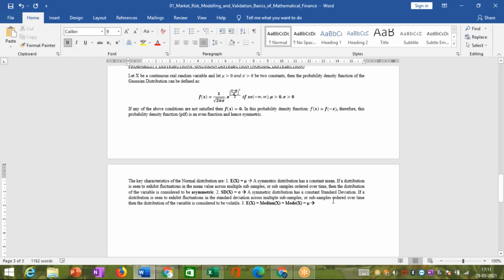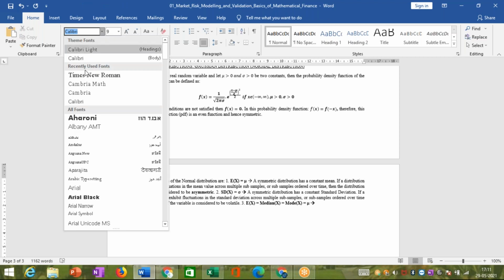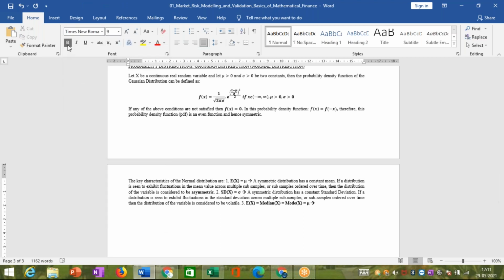So expectation of mean, median, and mode, this shows that this is the condition for symmetry of a distribution.